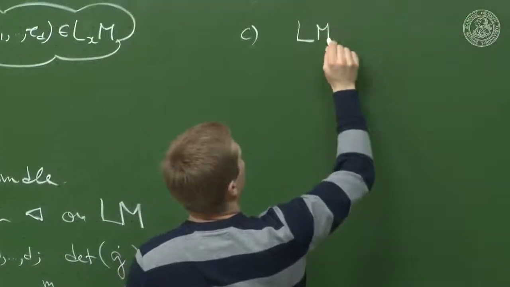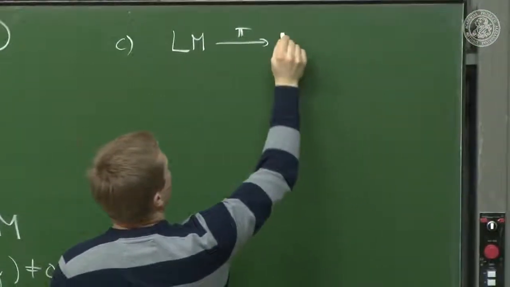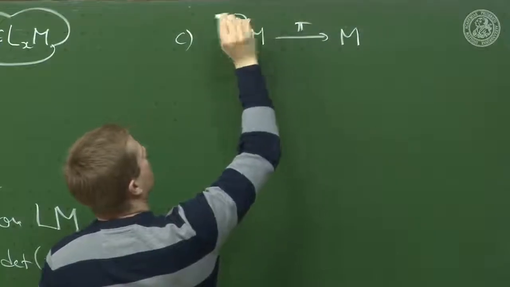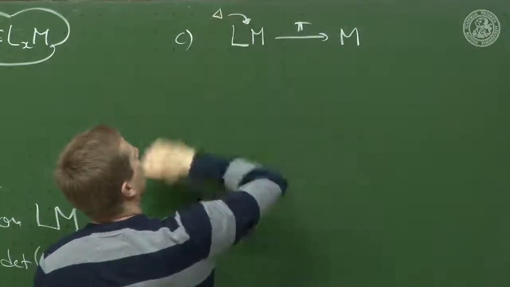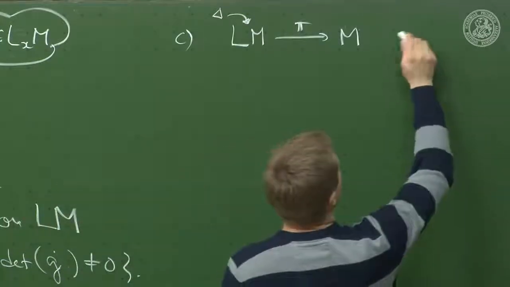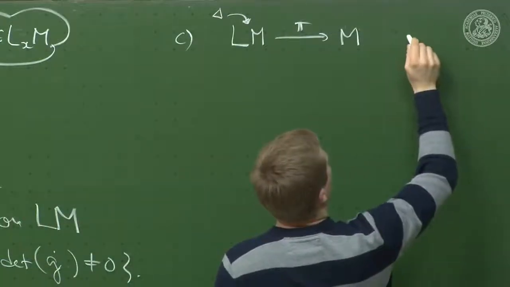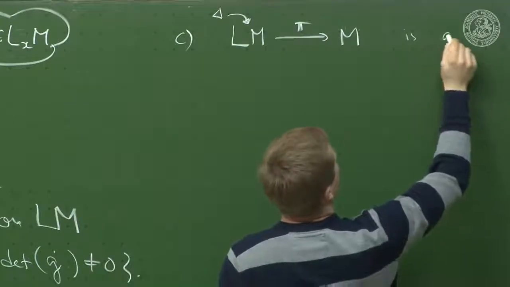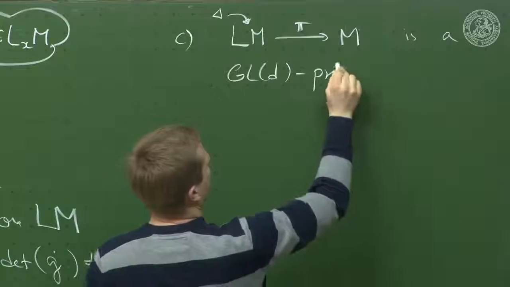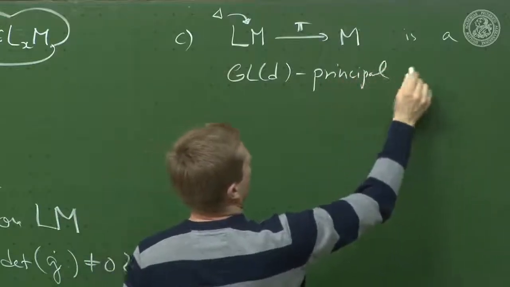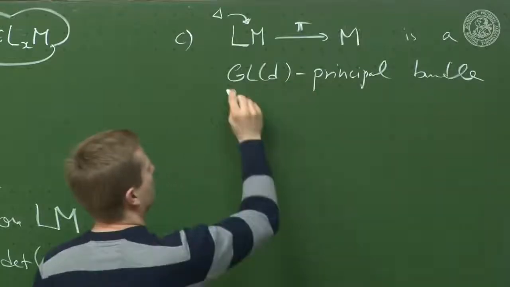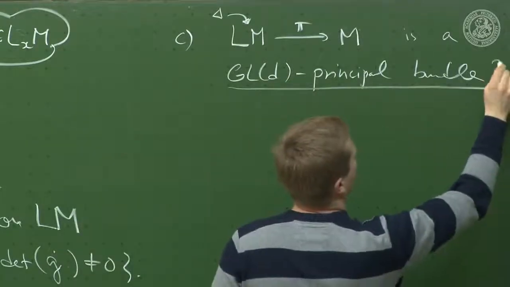So is Lm, with projection pi down to M, and one should always say there is also an action of some group on here, is this a right action, a GLD principal bundle, or principal GLD bundle, whatever. Okay.